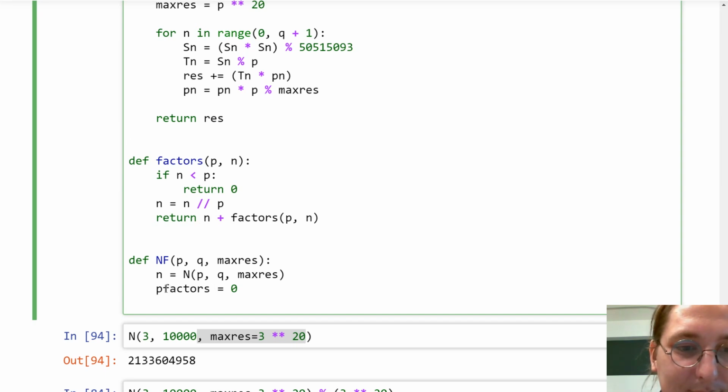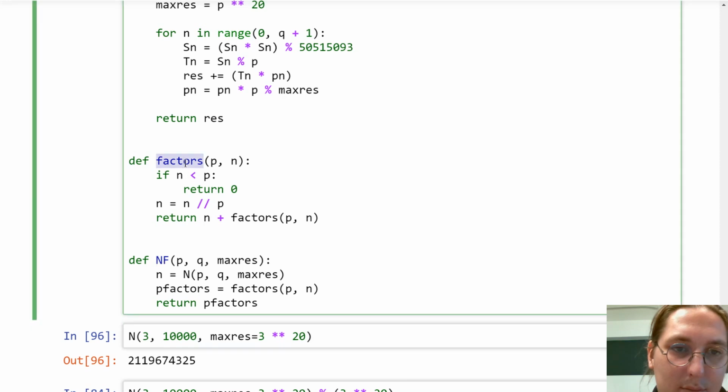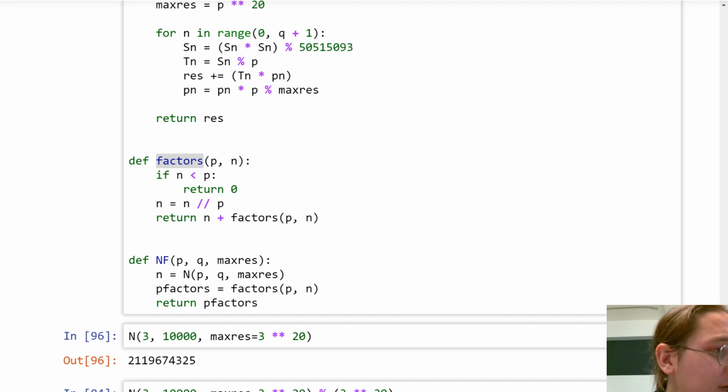Okay. Function try. And we do NF. No, just try factors 3, 200. Did we have the value ahead of time?